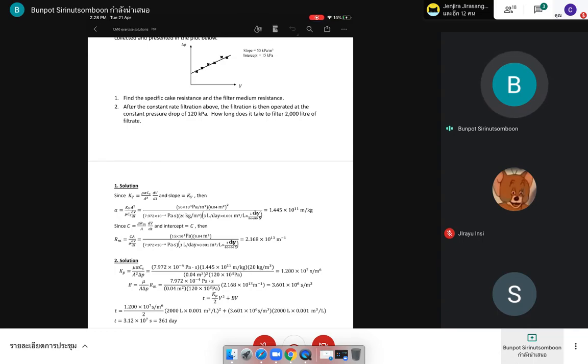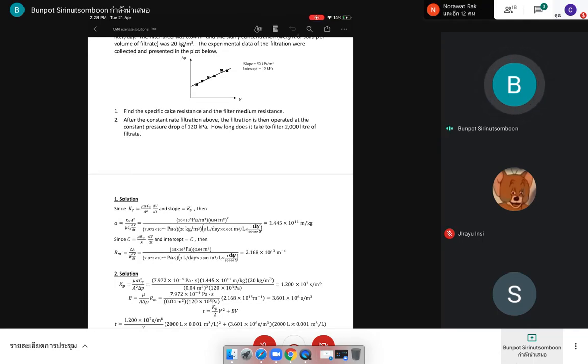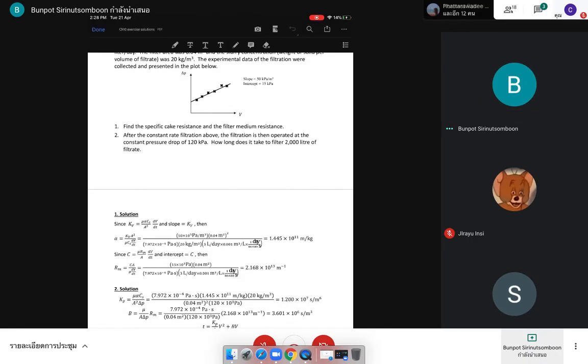Since we know that the slope is equal to kV, we can find kV here, and then rearrange the equation to get alpha, and this is what we get.